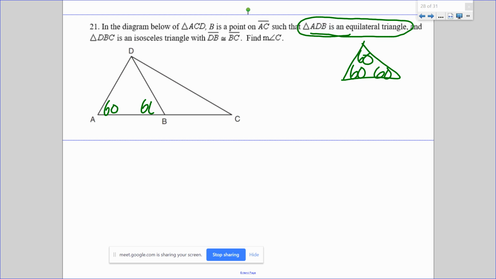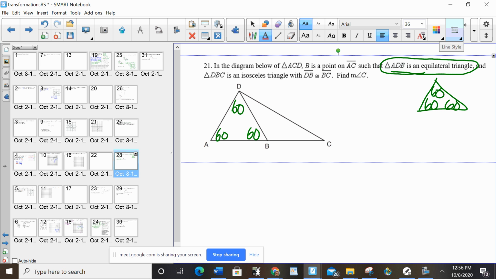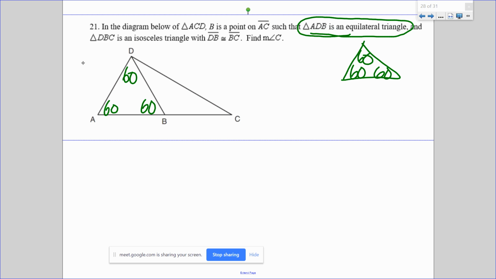You can just fill in those angles as 60, 60, 60. Anything else important that it's giving us? Well, yes. It's telling us that DB is congruent to BC. Whenever you see two sides are congruent, mark the sides, mark the angles opposite them. So DB, BC, those angles must be congruent as well.